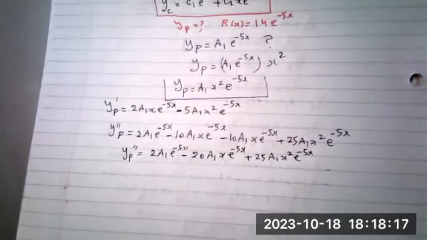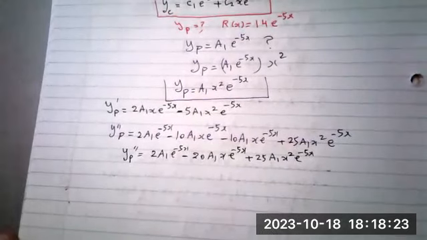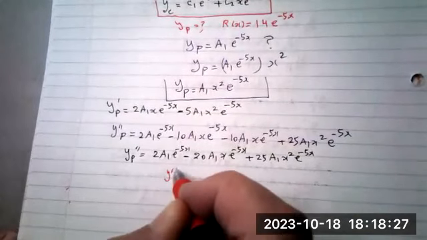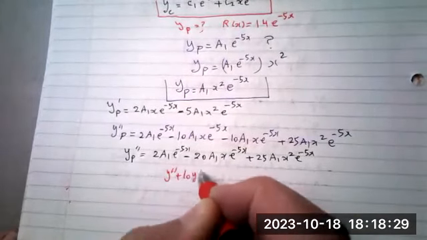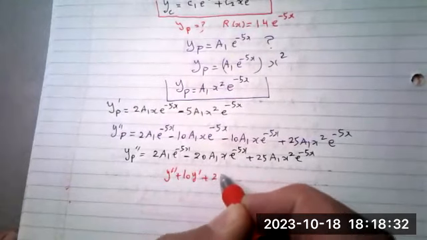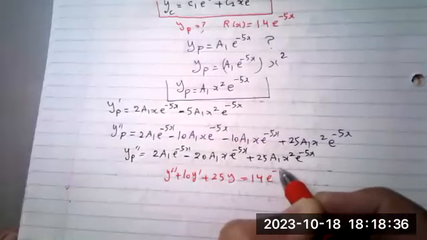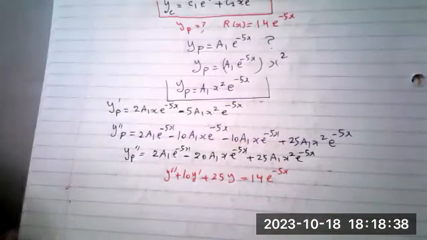So go back and substitute into the original equation. We have yp, y prime, and let me write the original equation again. This is where we substitute: y double prime plus 10y prime plus 25y equal to 14 e to the negative 5x. So bring them down here.